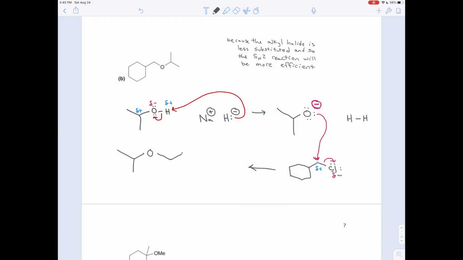That carbon then will be attached to the 6-membered ring. And then the chlorine with its full negative charge will be floating around in the solution and probably will pair up with the sodium when they meet. But the key thing is that we made an ether. We made this ether through this Williamson ether synthesis.